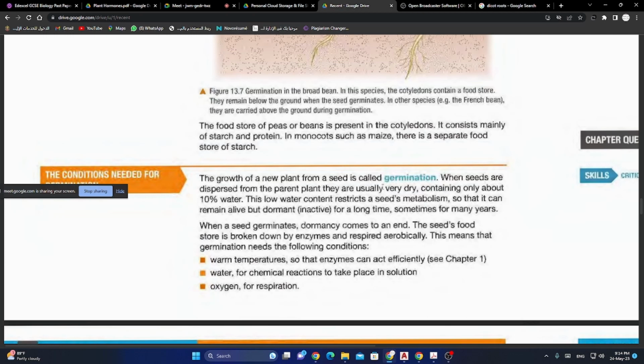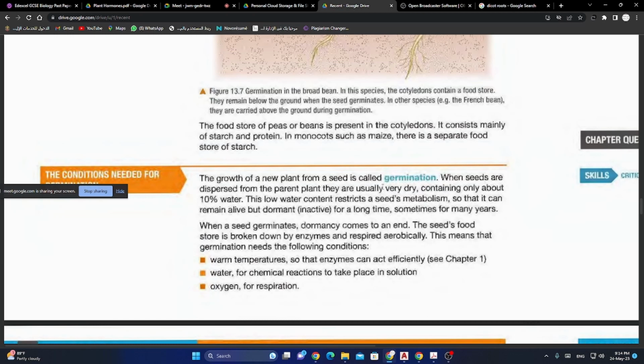Okay, then you have water. So if the seed goes into some type of soil, but there is not enough water for the plant to actually grow, the seed is not going to start growing, right? It's still going to remain dormant until there is enough water. And then there is also oxygen.